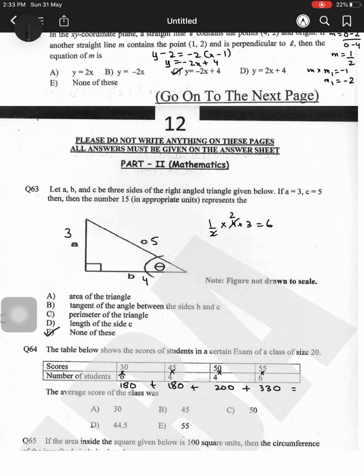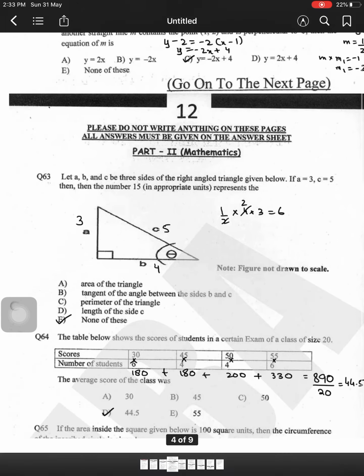Add all this up and you should get 890 divided by the total number of the class, which is class size, which is 20. We're gonna get 44.5, which is D.